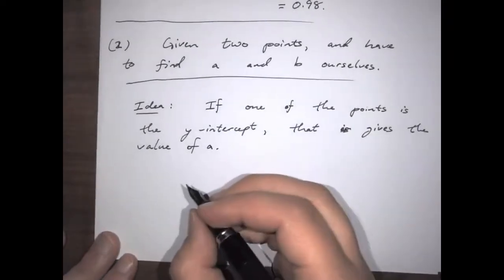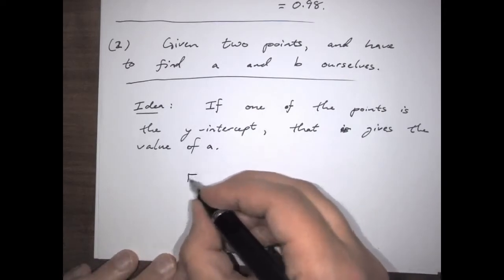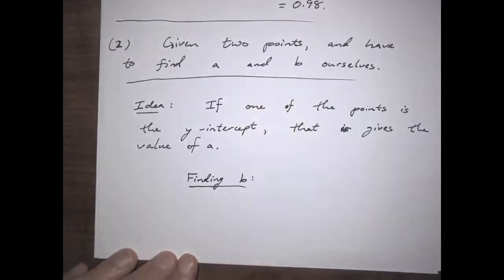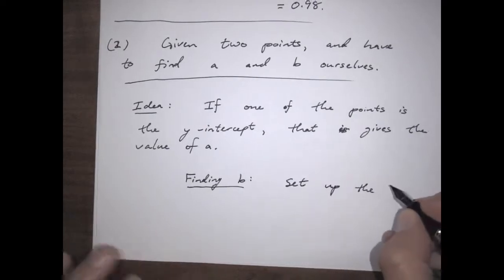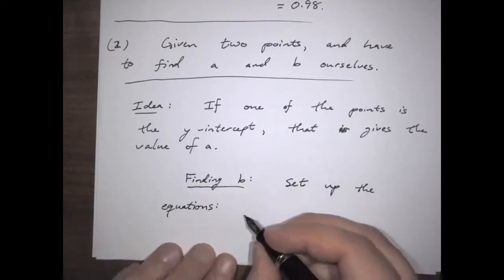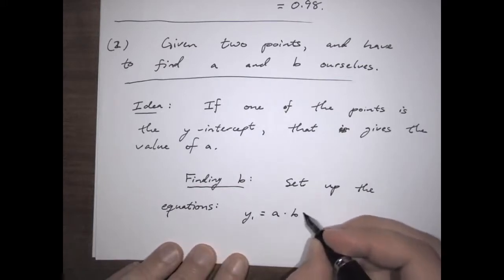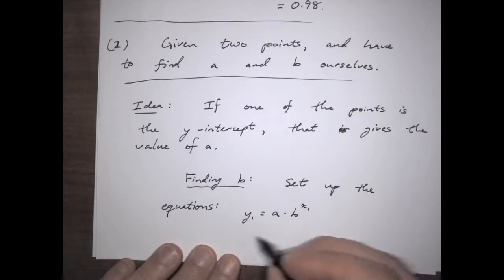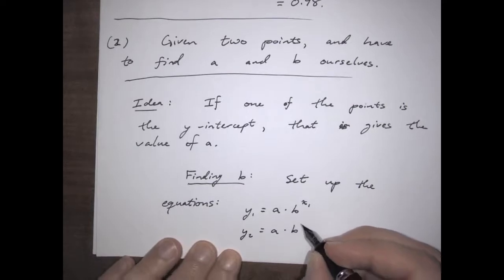But no matter what, finding the b is going to be a little bit of a hassle. But here's how to find the b. Finding b. So set up the equations y1 equals a times b to the power of x1, or t1, doesn't matter, and y2 is equal to a times b to the power of x2.